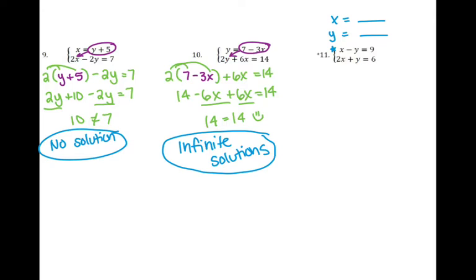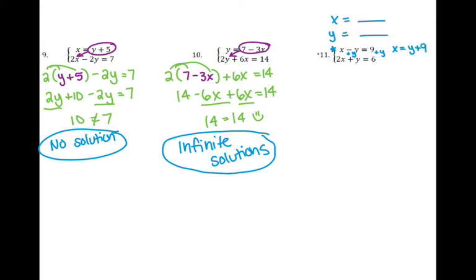Now, in order to get x by itself, I need to move this y to the other side. And since I'm subtracting y, in order to move it to the other side, I need to add y to both sides. And what happens is I end up with the equation x equals y plus 9.